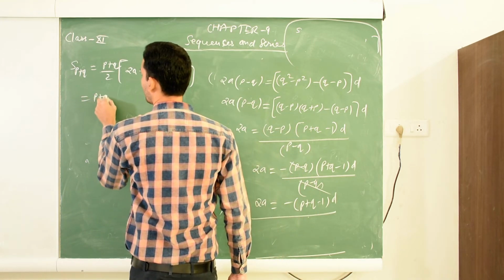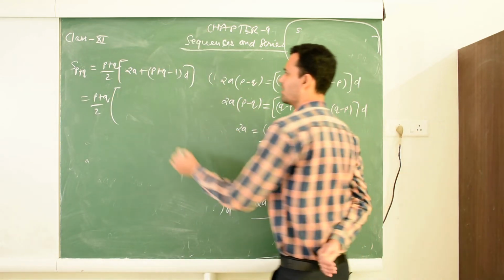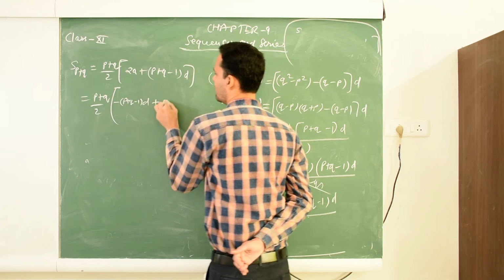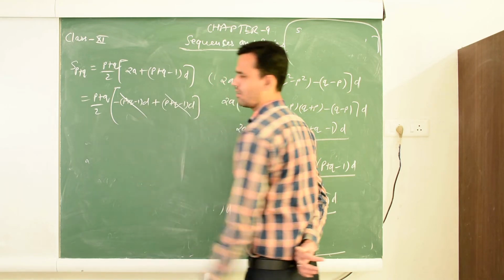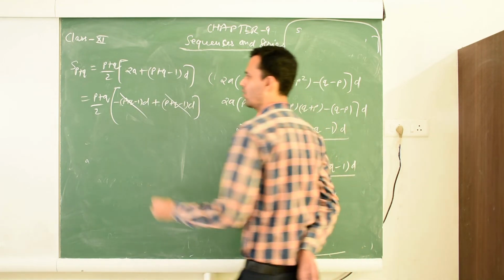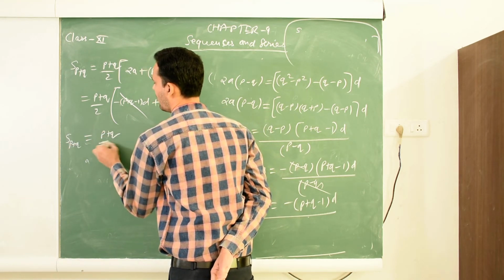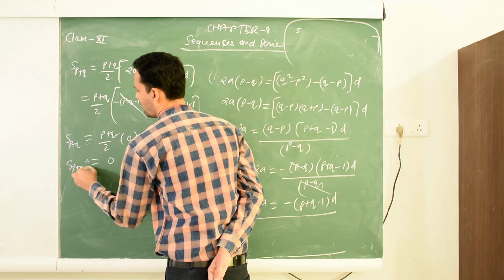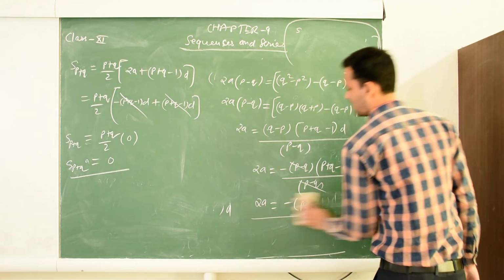So (P plus Q) by 2, the value of 2a is minus (P plus Q minus 1) d, plus (P plus Q minus 1) d. These two terms cancel because one term is positive and the other is negative. So S_(P plus Q) equals (P plus Q) by 2 into 0, so S_(P plus Q) equals 0. This is the answer. Next question.